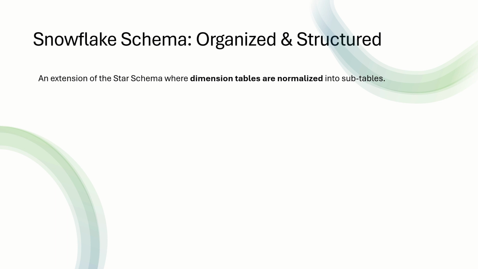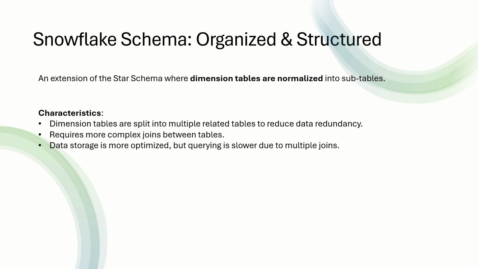If multiple customers belong to Hyderabad, the city, state, and country for all those customers are the same values, because Hyderabad belongs to Telangana and Telangana belongs to India. So there is a lot of redundant, duplicated data. To fix that, the snowflake schema was introduced.